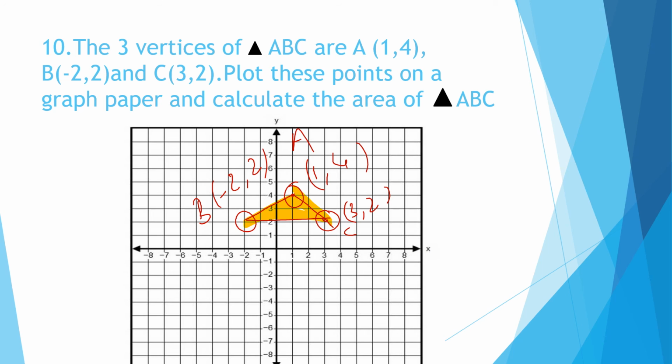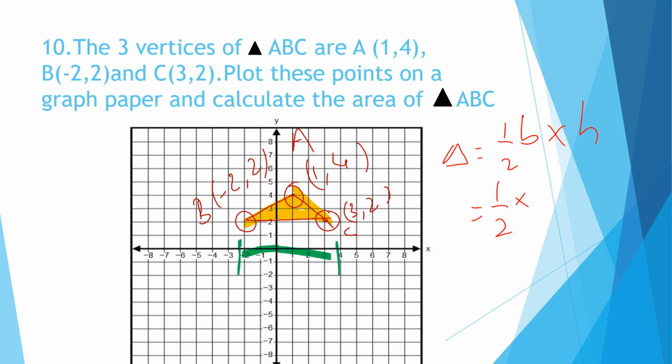Calculate, first part is over. Now calculate the area of the triangle. You know that the area of a triangle is half base into height. So half, what is your base unit? You may simply count. Don't get misled: if you count 3 and then this is minus 2, we always take the distance positive.